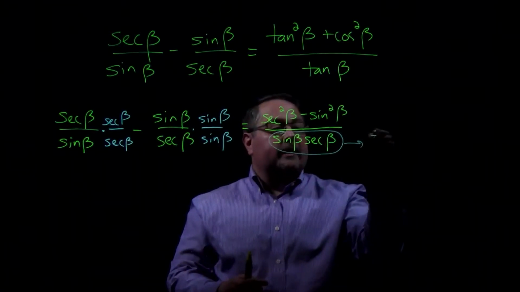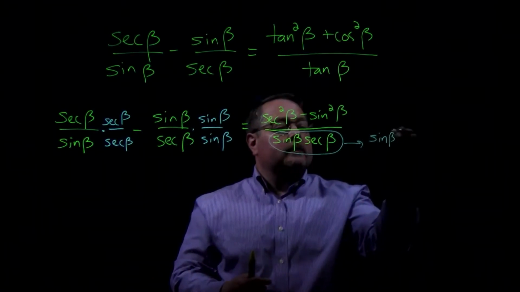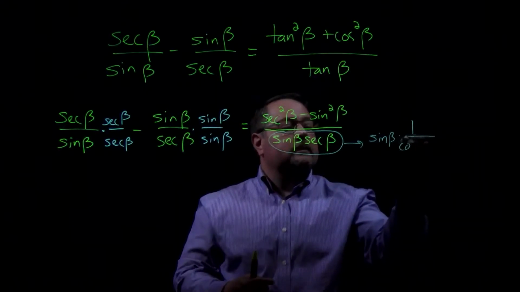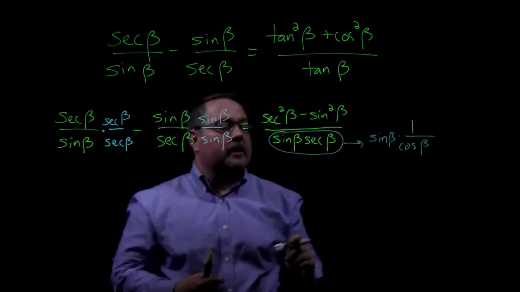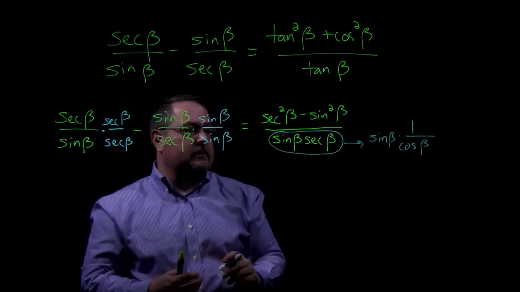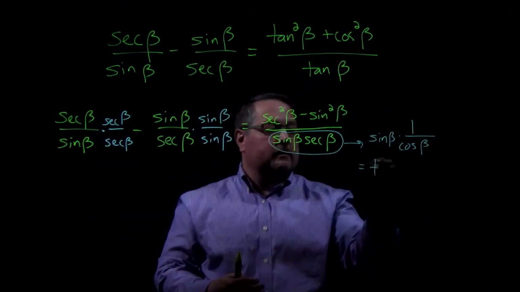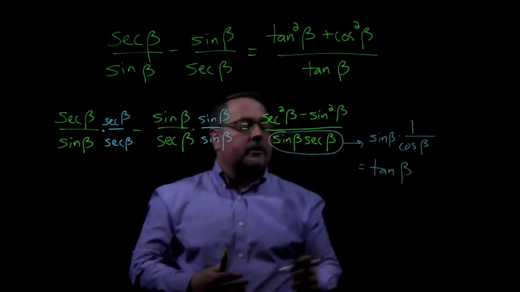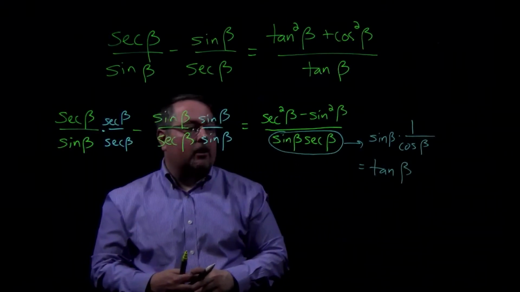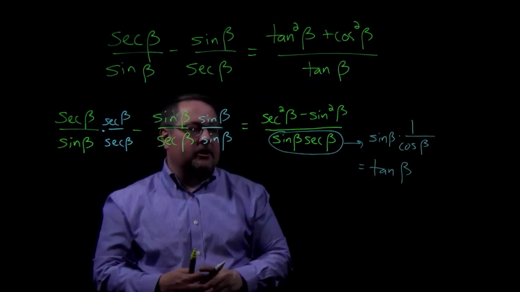We can simplify this by using a reciprocal identity. Secant is 1 over cosine. So this is sine times 1 over cosine. And now we can use a quotient identity and write our sine over cosine as tangent.